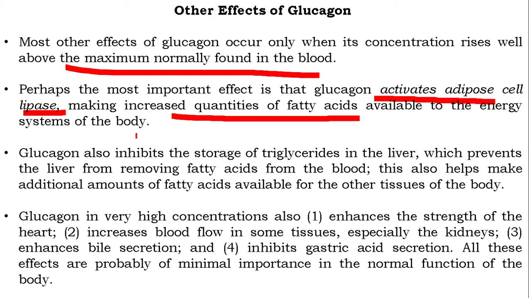If fatty acids are available for the generation of energy, then for those tissues where they can be utilized, carbohydrates can be spared so that carbohydrates are exclusively available for those tissues which can use only them for obtaining their energy.